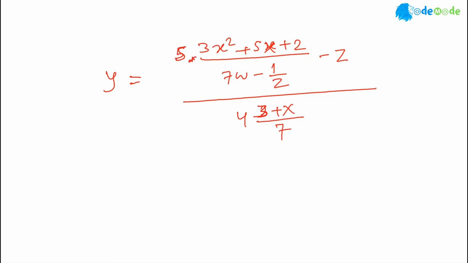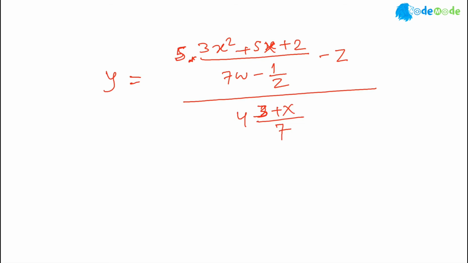Even if you start with parentheses, it will be too many parentheses. So not easy to manage. So let's divide and rule. Okay, divide and conquer, what we call it. Usually the way I do it is I look at it as pieces, right?